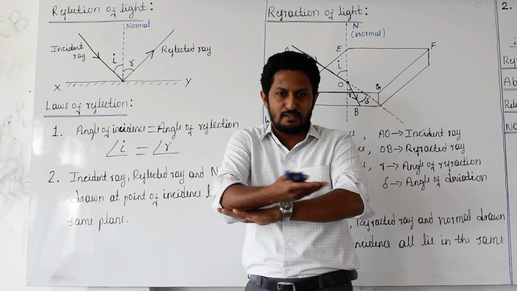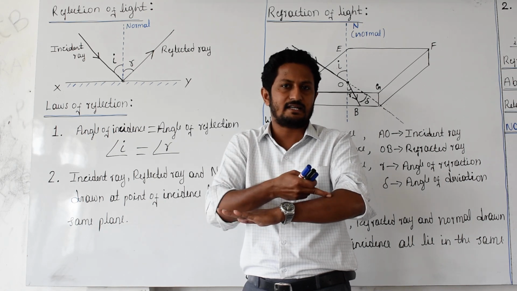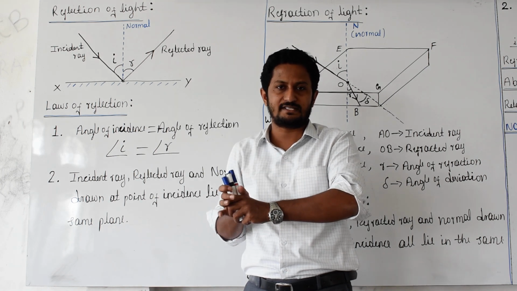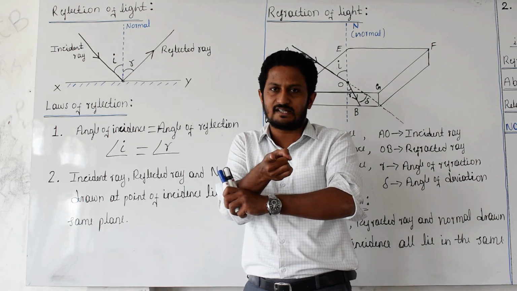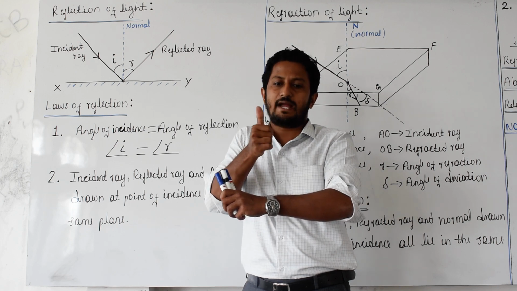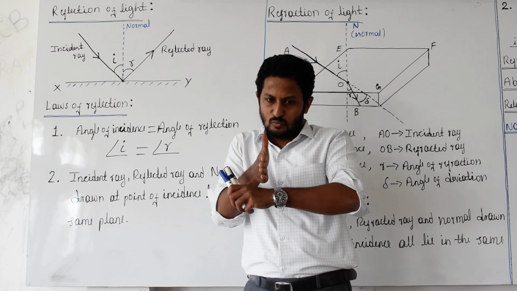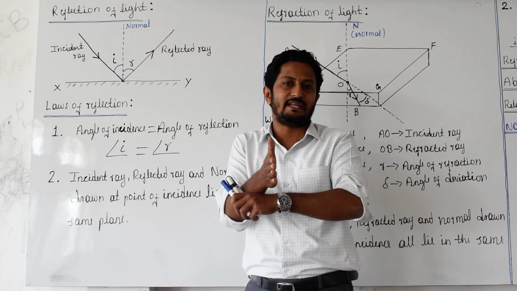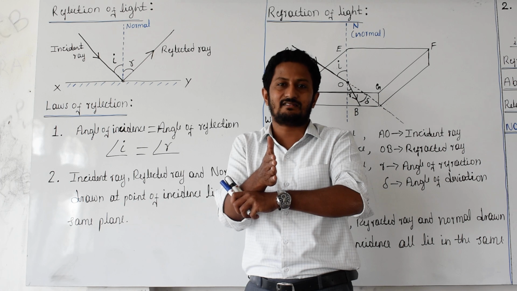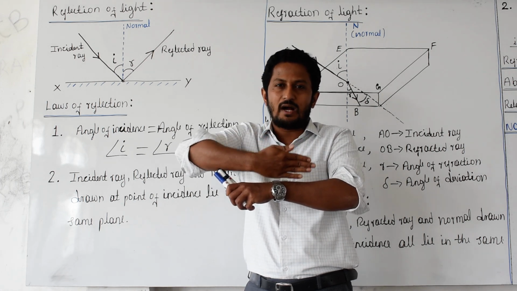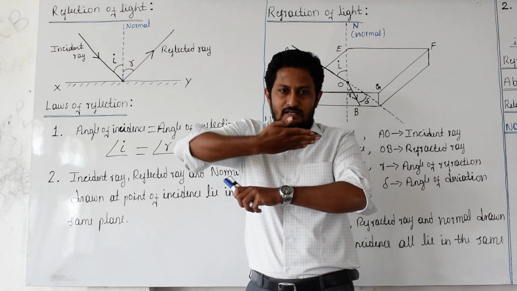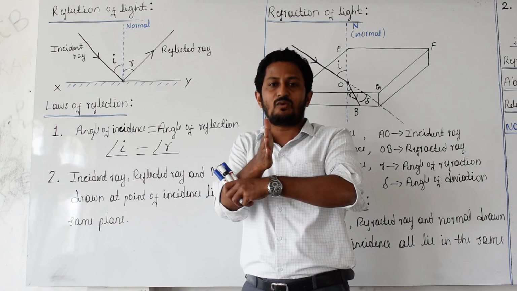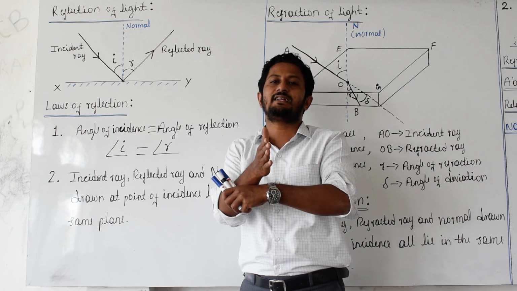This horizontal plane is called the xz plane. And one more thing: this line is z and this one is y. Then this one, vertically held like this, is called the yz plane. These are the planes: the xy plane, the xz plane, and the yz plane, a vertically held plane.